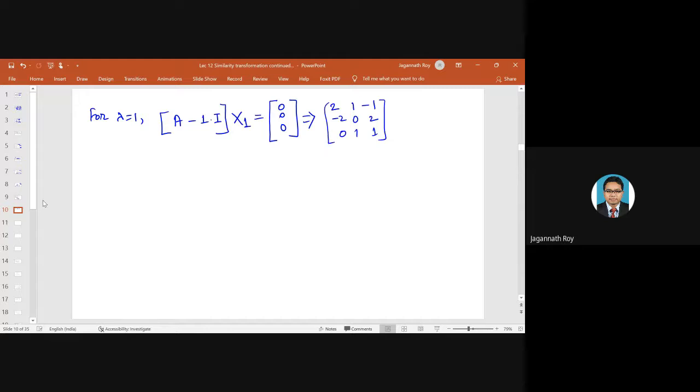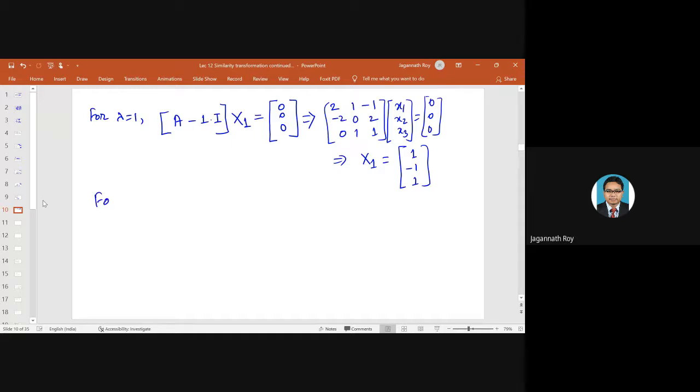If you solve these equations, you get x1 equals 1, minus 1 and 1.